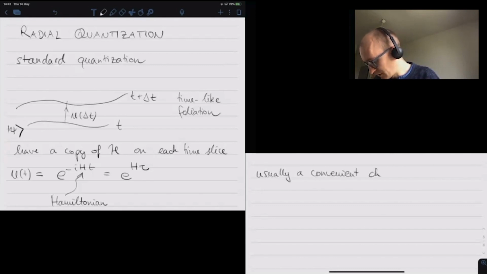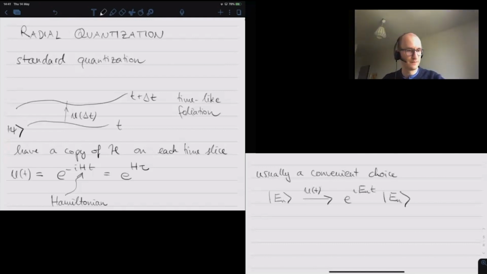All right. So this is usually a very convenient choice. And one reason why it's a convenient choice is the following: if you start with an energy eigenstate, so any energy eigenstate E_n of t, then under this evolution with respect to the Hamiltonian, what you find is it's just an inessential phase, e to the i E_n times t, but in particular, you remain in that same eigenstate.